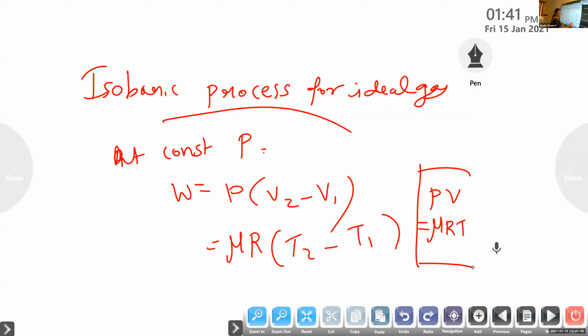In all the processes, this universal gas equation is satisfied. That is the reason why we write P into V2 minus V1 equal to mu R into T2 minus T1. That is isobaric.